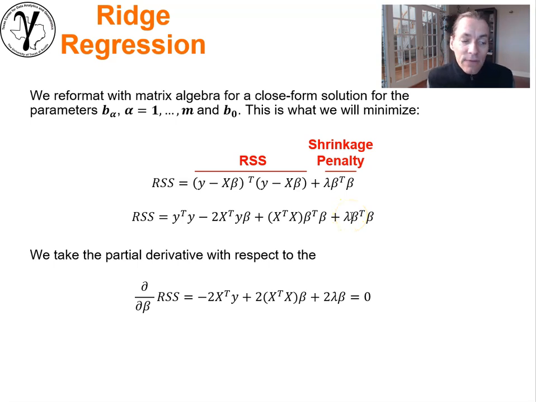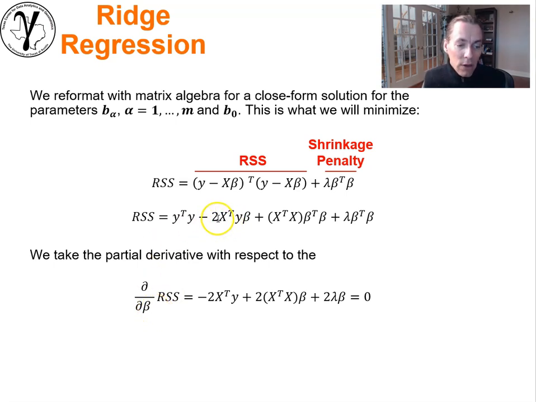In that form, it's very straightforward to take the partial derivative with respect to the beta vector. In other words, we're using the usual optimization: take the partial derivative and set that equal to 0, so we can find the very best beta coefficients. For the first term, y transpose y, this will just disappear because of the partial derivative.